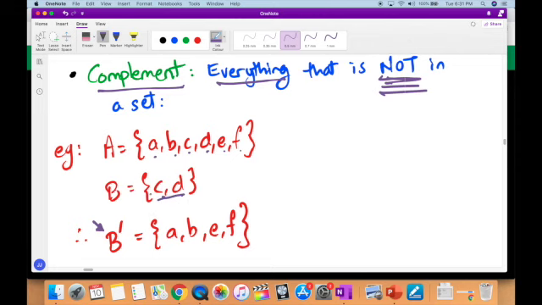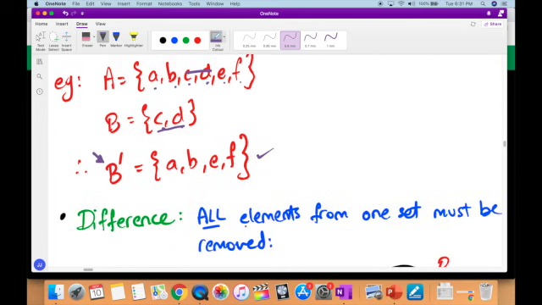I don't want anything that's in B. I want everything else. So this C and this D gone, I'm left with A, B, E, and F. So A, B, E, and F is B complement, right?